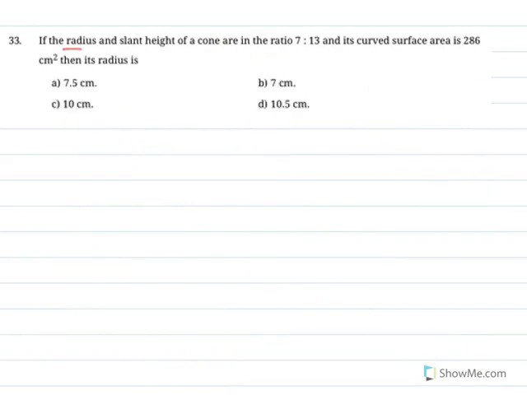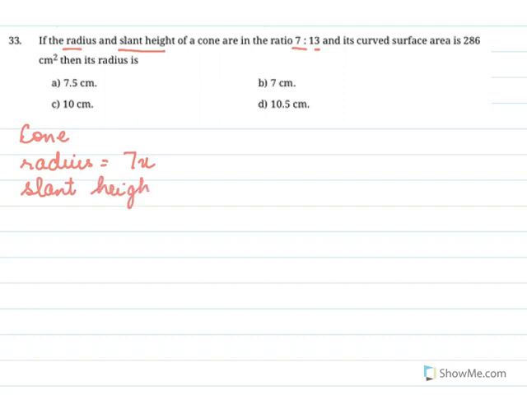If the radius and the slant height of a cone are 7:13. So we are dealing with a cone. The radius equal to 7x and the slant height, which we call as L, equal to 13x. And its curved surface area is 286. Now the formula for CSA of cone equal to pi RL.